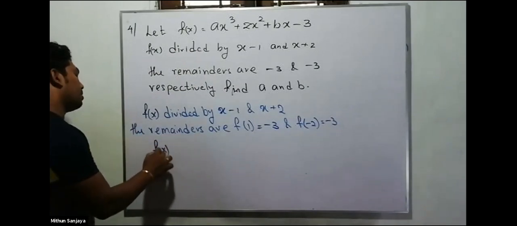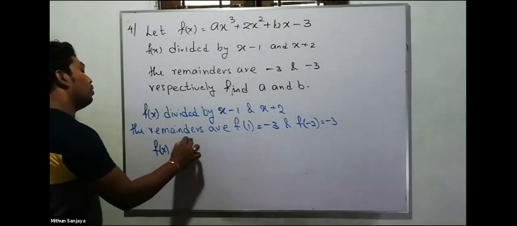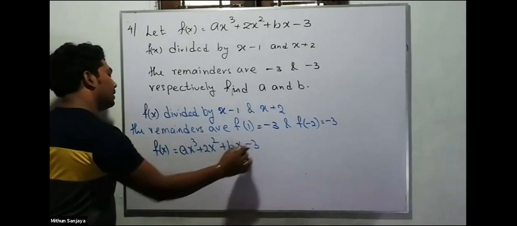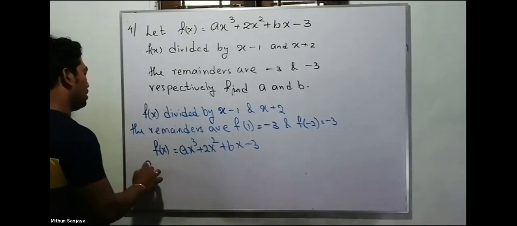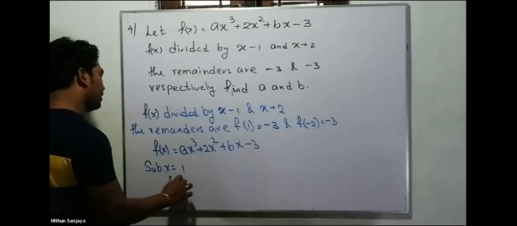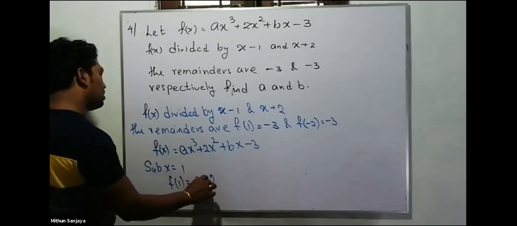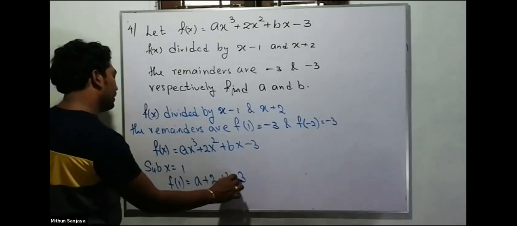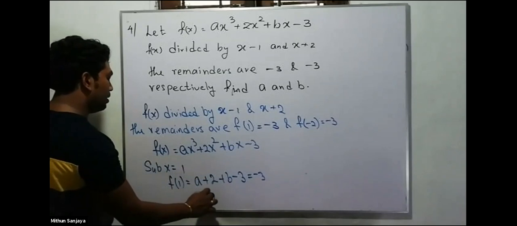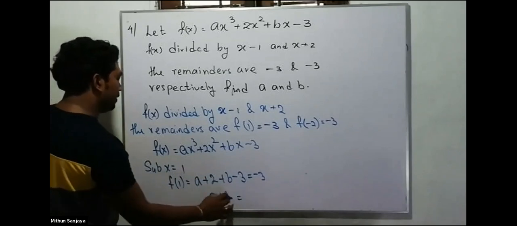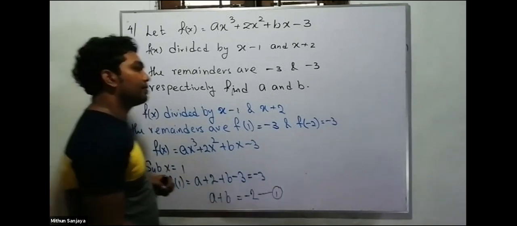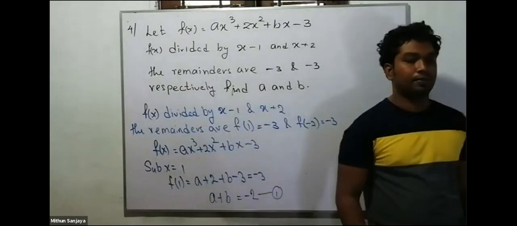Now we write f(x) is ax cube plus 2x squared plus bx minus 3. Now we substitute x equal 1. f1 equal a plus 2 plus b minus 3 is equal to minus 3. Then we can form the equation a plus b equal, here minus 3 cancels, minus 2 is the first one. Okay, right?